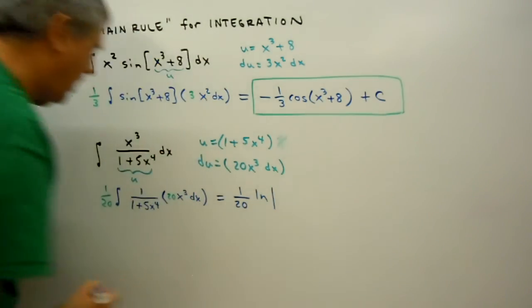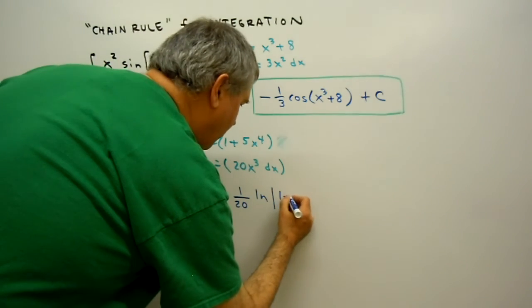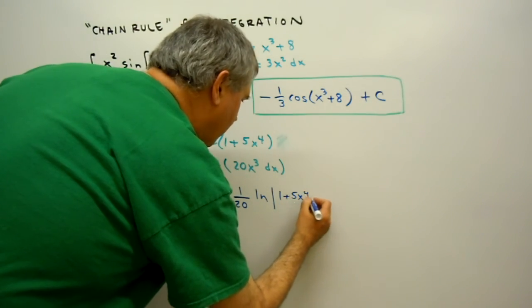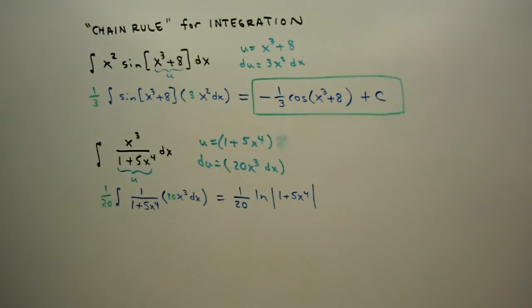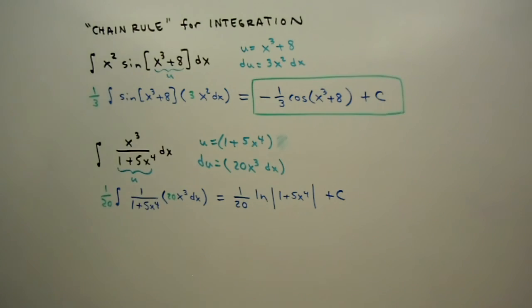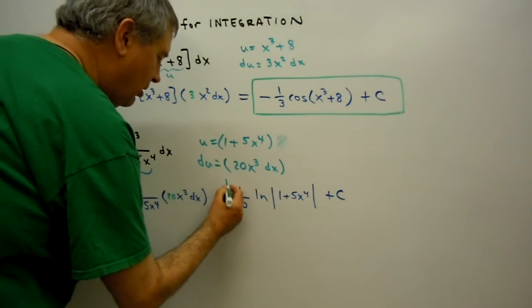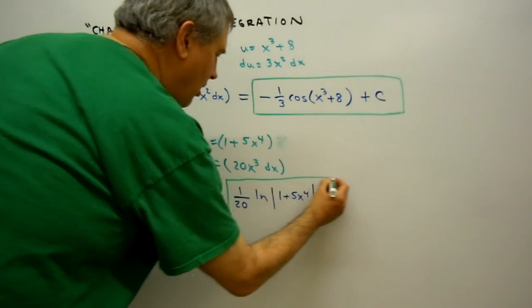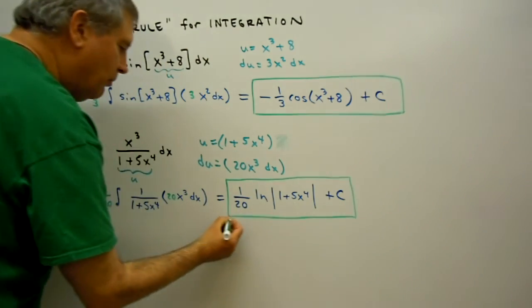So natural log of, we get technically the absolute value of 1 plus 5x to the fourth, plus c. And again, always remember your plus c. So this would end up being your final form.